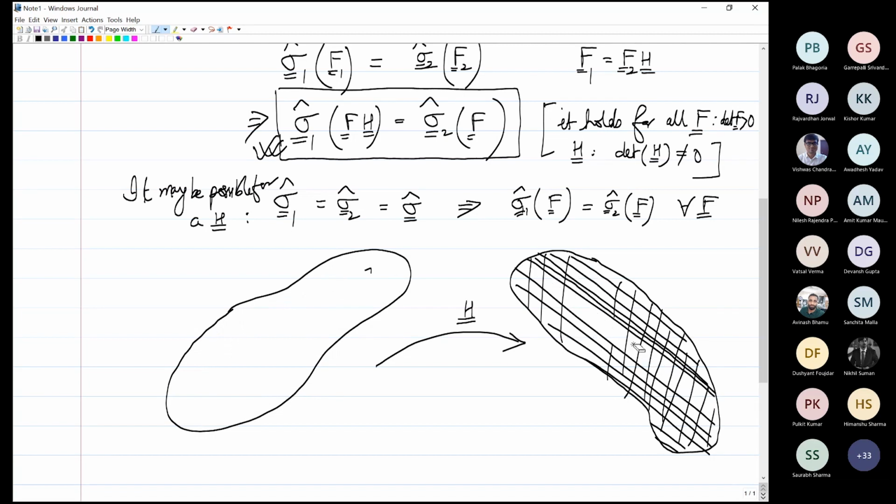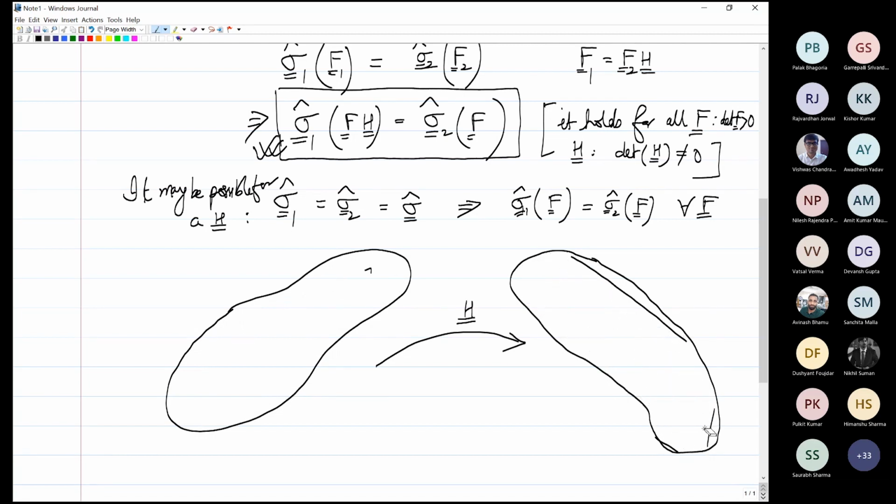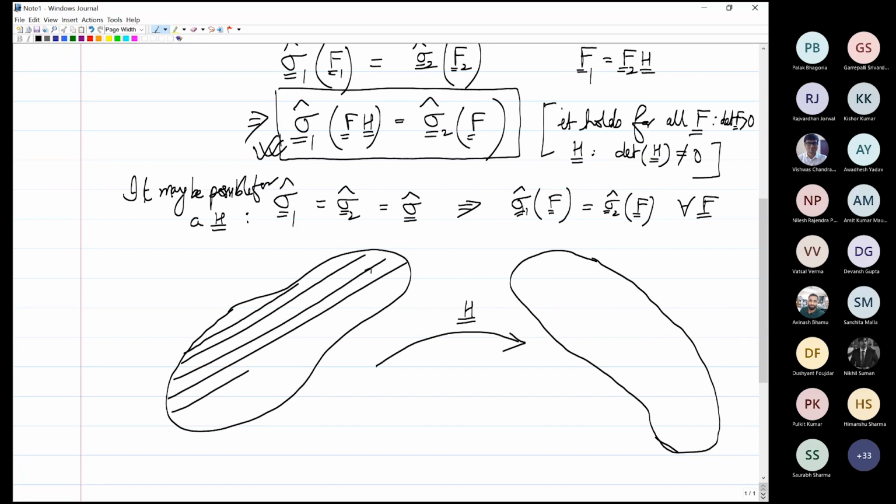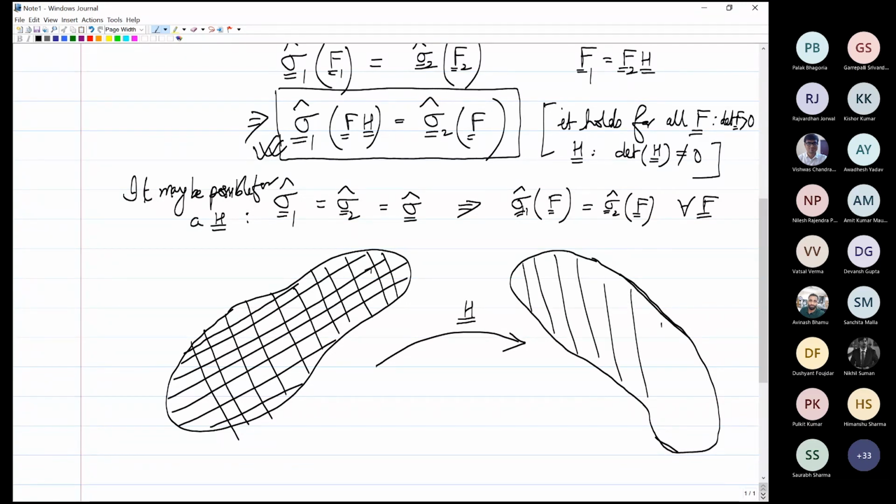Let me actually do that. So H is rotation by 90 degrees.